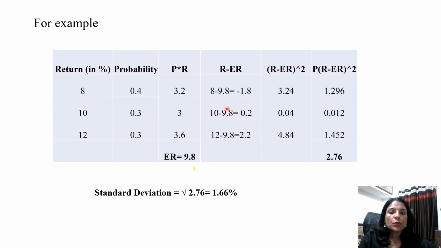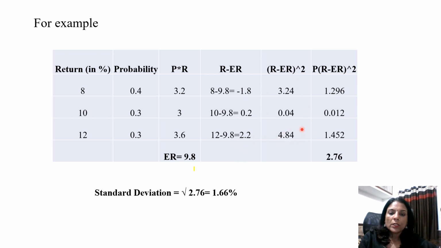Now these values should be squared, meaning multiplied by the same value. A minus value, when you square it, will give you a plus value. So minus 1.8 multiplied by minus 1.8 will give you 3.24. 0.2 multiplied by 0.2 gives 0.04. 2.2 multiplied by the same value will give you 4.84.